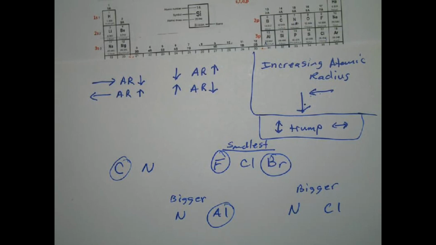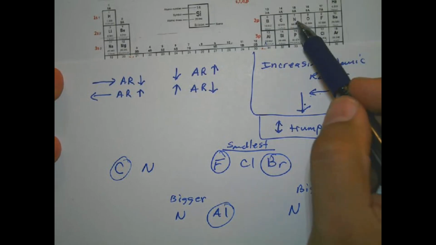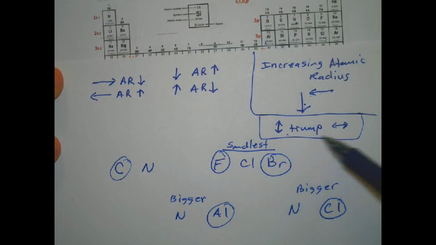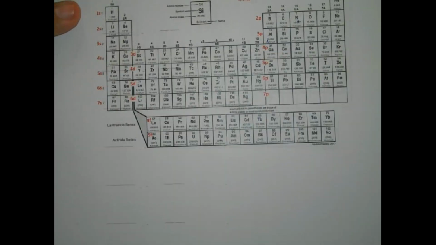Up and down always trumps left and right. So the biggest one is the one who's most down. Who's the most down one? Chlorine is the most down one, therefore it has the biggest radius. Even though nitrogen is more left, chlorine is more down. And up and down always trumps left and right when we talk about periodic trends.